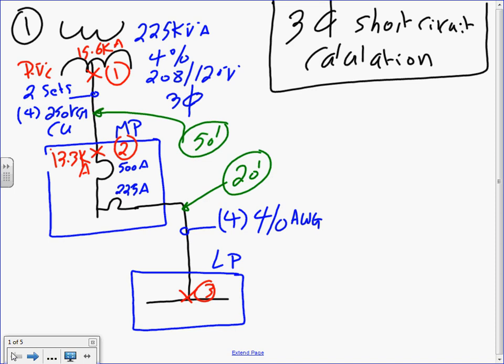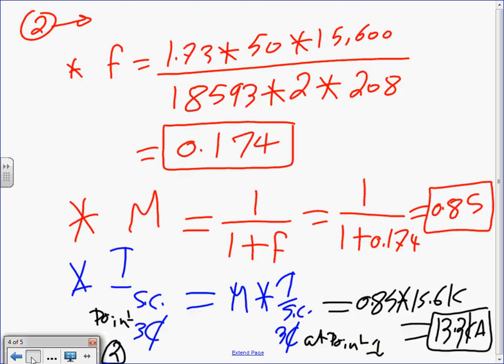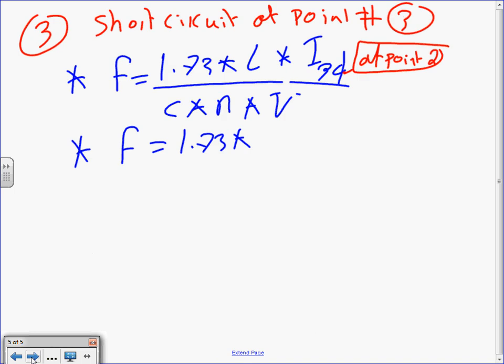So you don't add the 50 and the 20. You just use the 20. Can I have thumbs up, Chad? We know that you use the 20. Okay. So the L is 20 times, what's the short circuit at point 3? At point 2, I'm sorry.